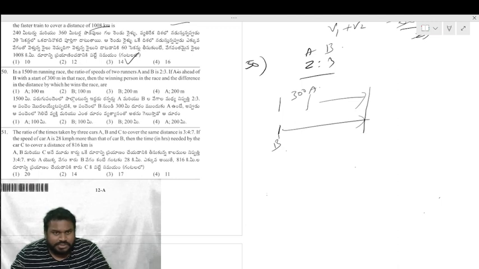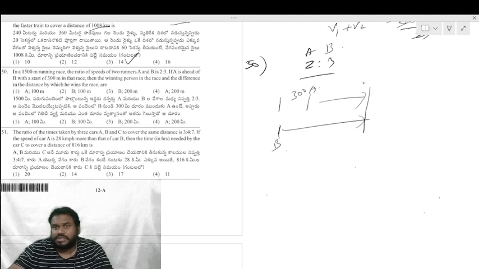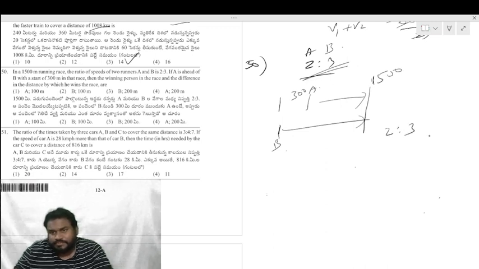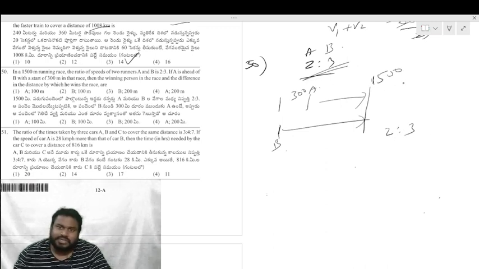Then the winning person: if A is ahead of B with a start of 300 meters in the race, then who is the winning person in the race and what is the difference in distance? The total distance is 1500. The speed ratio is 2 is to 3, right? So how much do they have to cover? 1500.